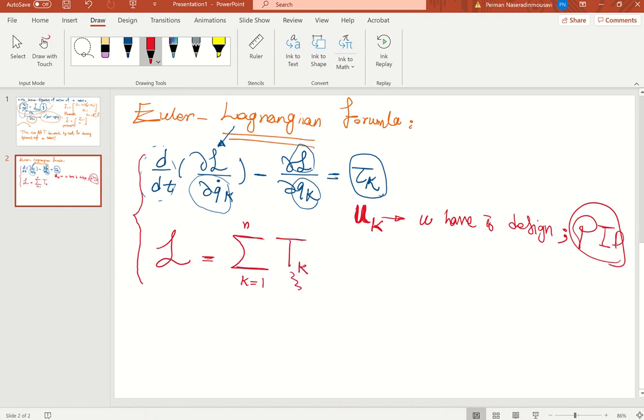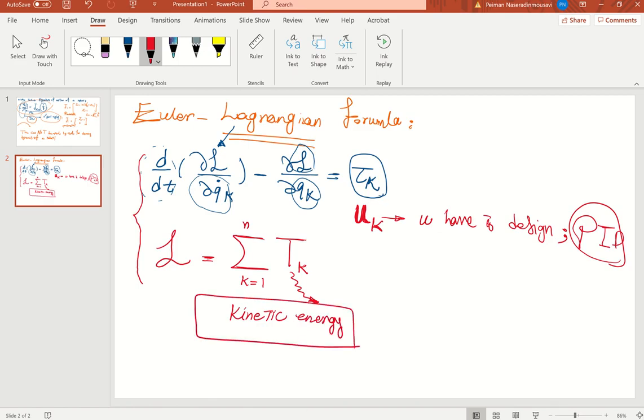This is what? Come on, you know from the dynamics course. This is kinetic energy, the energy that is generated based on the velocity of an object, meaning any moving object has kinetic energy.